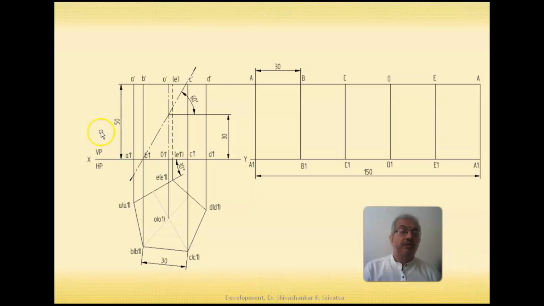Now once we introduce the section plane, the next part is to identify the section points. You have to identify which are all the edges cut, and you also have to identify the section points. Whenever an edge or vertical edge is cut by the plane, it cuts the edge at one particular point. On the top face and the base, you will always have two section points.